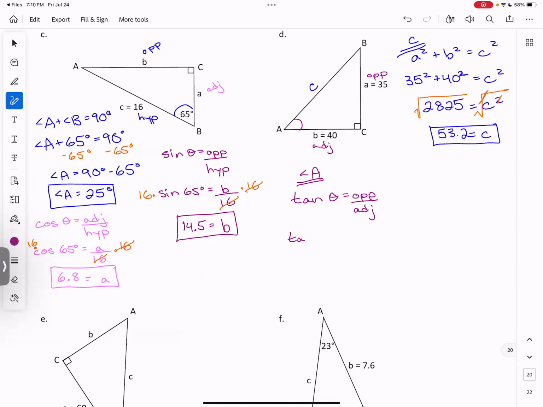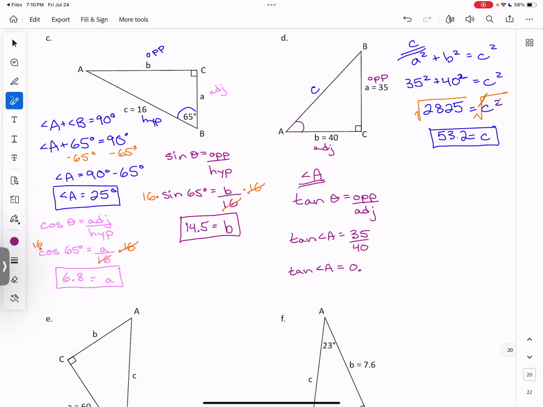So tan of angle A is going to be 35 over 40. Let's convert that to a decimal, and I get 0.875. Let's take the tan inverse of both sides, because taking the tan inverse of our decimal ratio will give us our angle. To the nearest degree, I get 41 degrees.